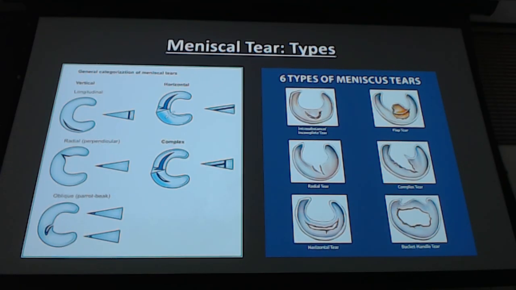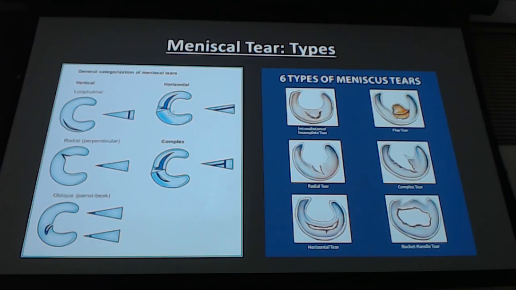Okay, now getting back to your question. I want to make sure I answer, what was your question specifically again? Like horizontal could progress. Oh, yes, I remember now what I was going to say. Thank you. Every once in a while I just need a little bit of memory jog at my age. So usually with a bucket handle tear, is it a significant mechanism of injury that makes it happen? Yes. So usually you don't get those progressive tears like that.